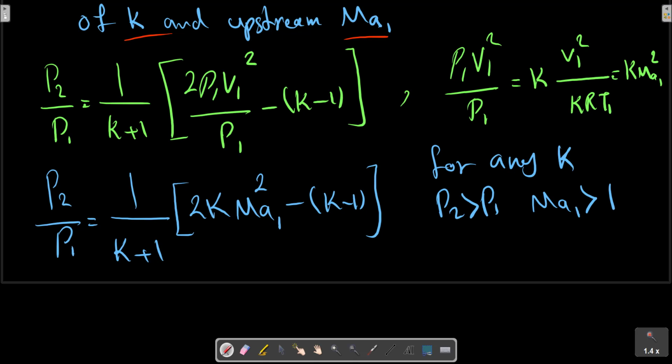Thus, for flow through a normal shock wave, the upstream Mach number must be supersonic to satisfy the second law of thermodynamics. But we can also calculate the downstream Mach number.